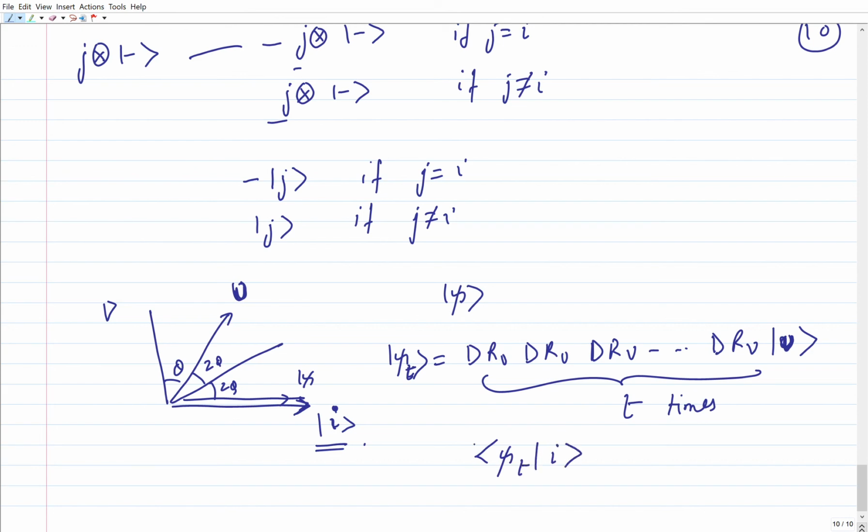The idea is that psi t will be very close to I. The probability is going to be very aligned to the solution.